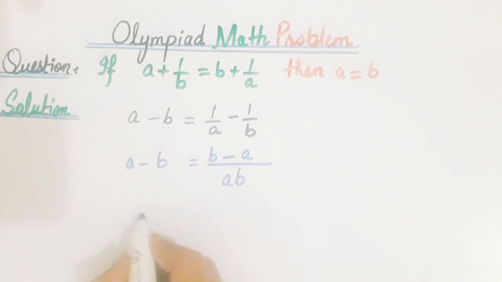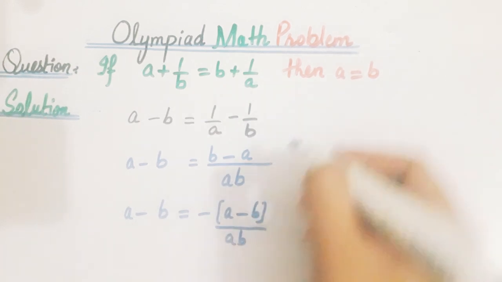Now we can write this as a minus b, and if we take minus as common from this, then we have a minus b by ab.